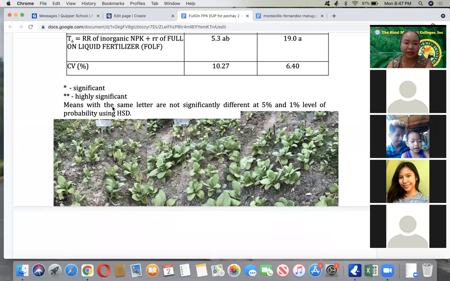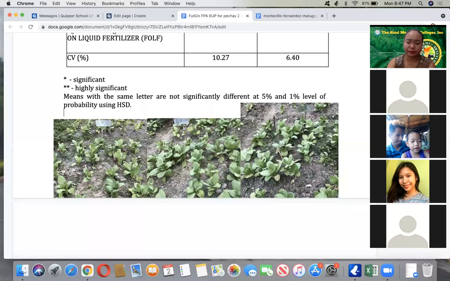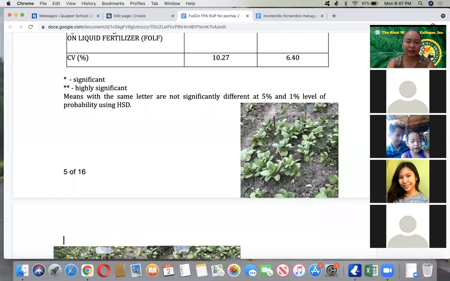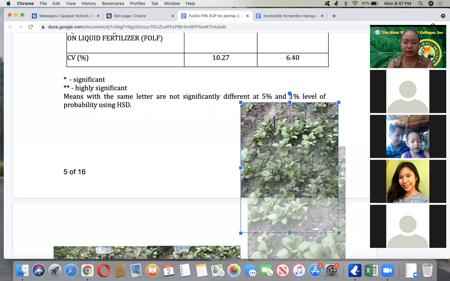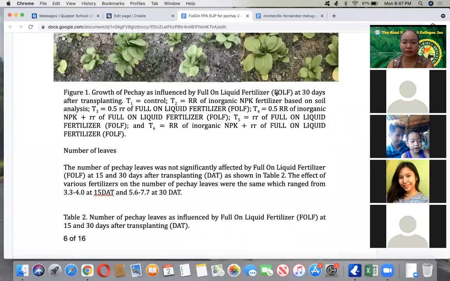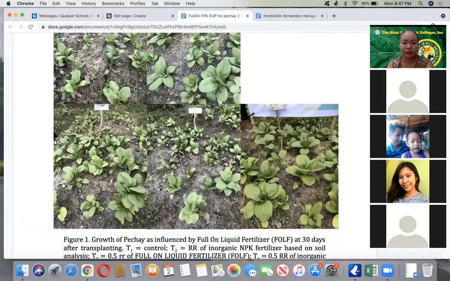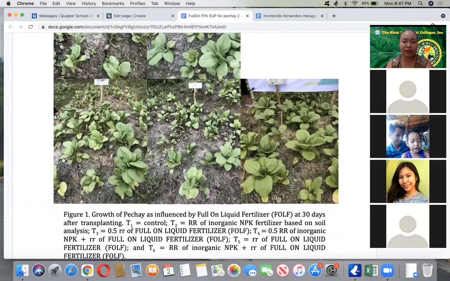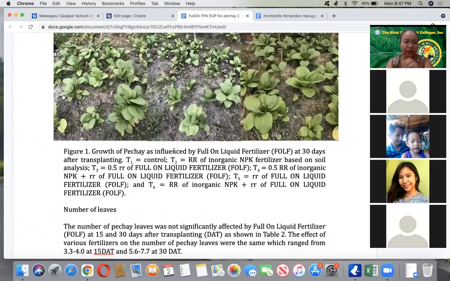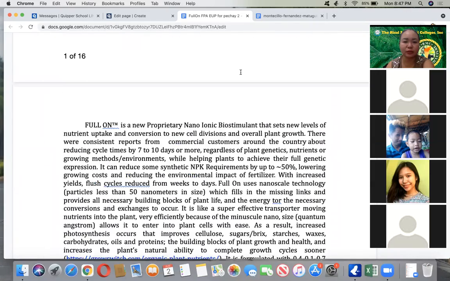Now you have the second. By the way, sorry, ang figure, nasira siya. So as you can see here, ang figure niya should have, hindi ko alam kung paano siya i-undo.